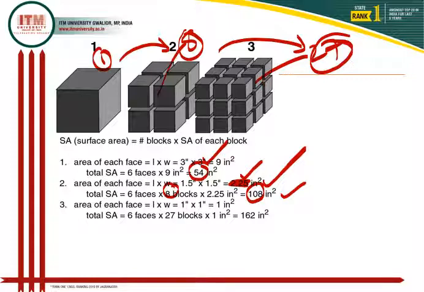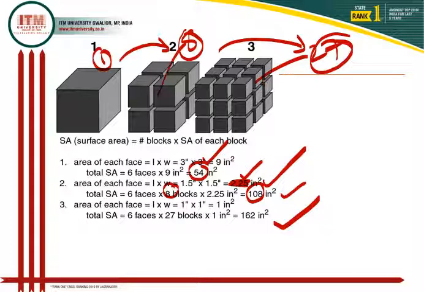If you further reduce the size of the edge of any cube, and now in place of 2 you make it 3, so 3 into 3 into 3, 9, and 9 into 3, 27. Now 27 blocks are there, so that value is 162.